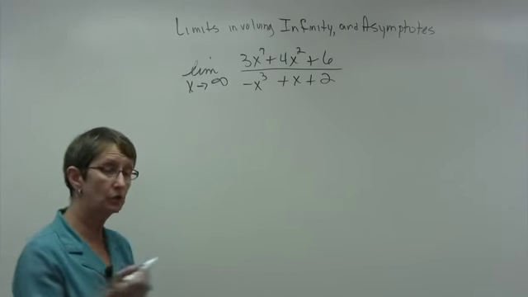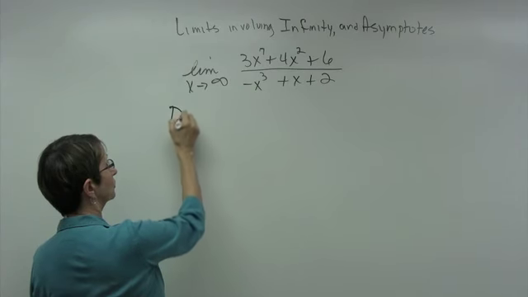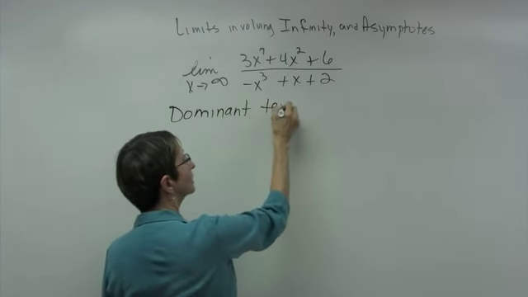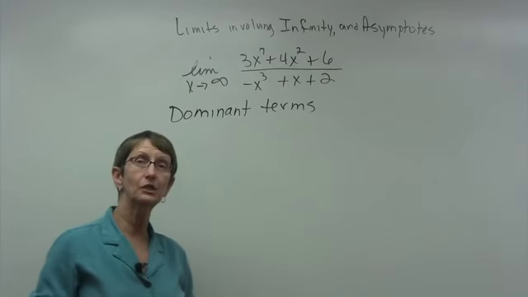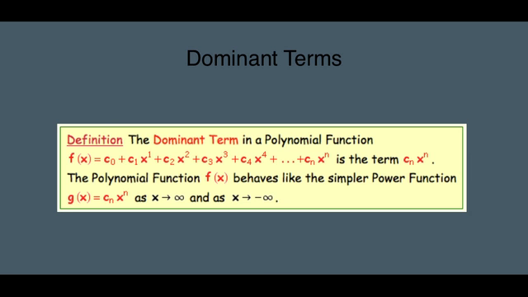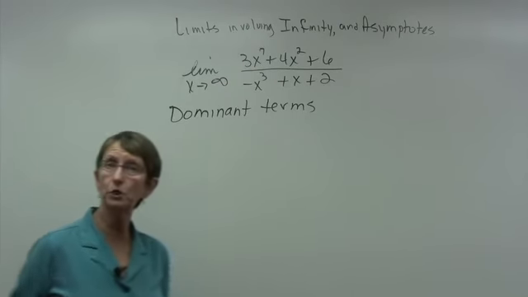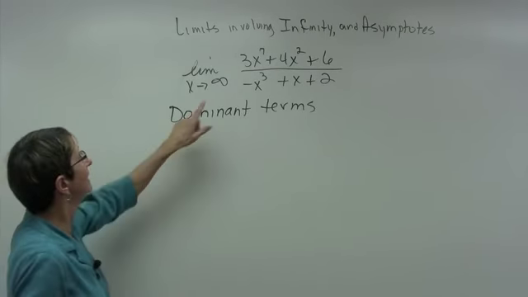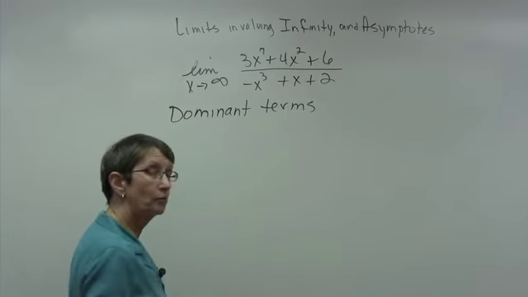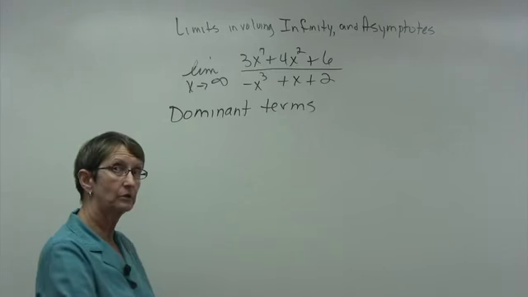And what we can use are called dominant terms. So let's look at what the definition is for dominant terms. So the dominant terms, you saw in the definition, are the terms that have the highest power in the numerator and in the denominator.